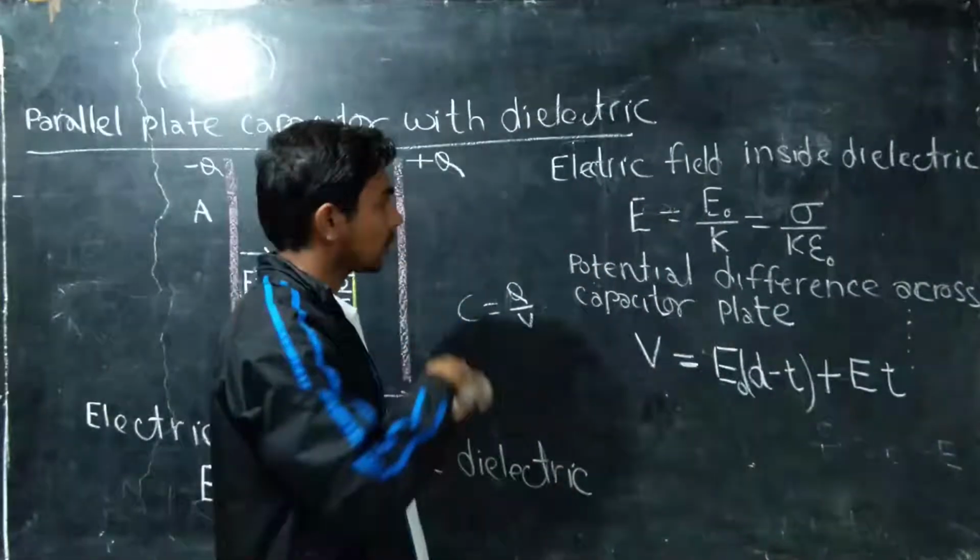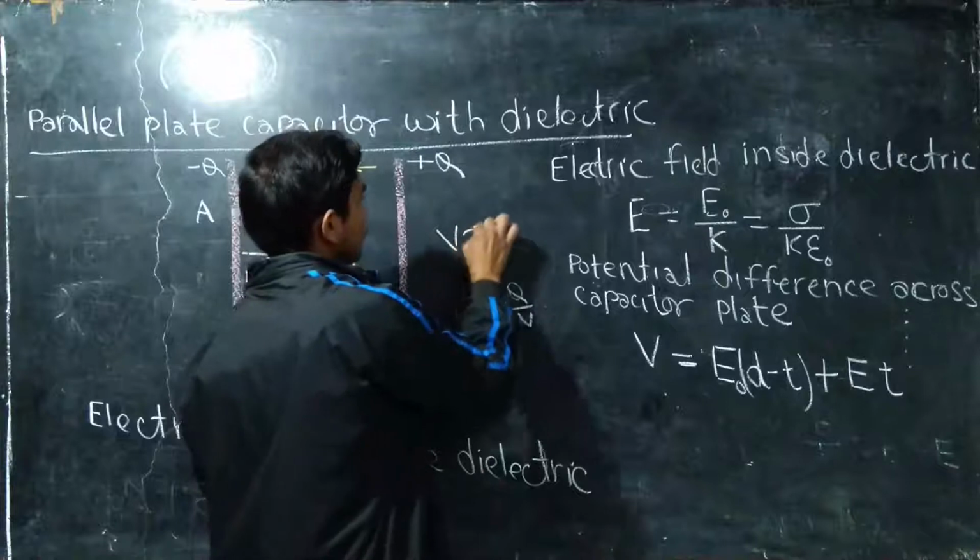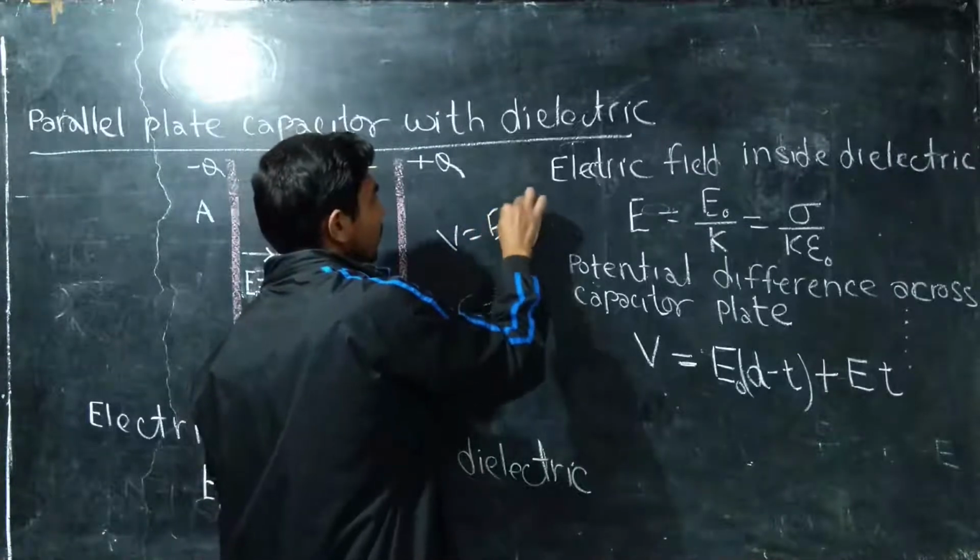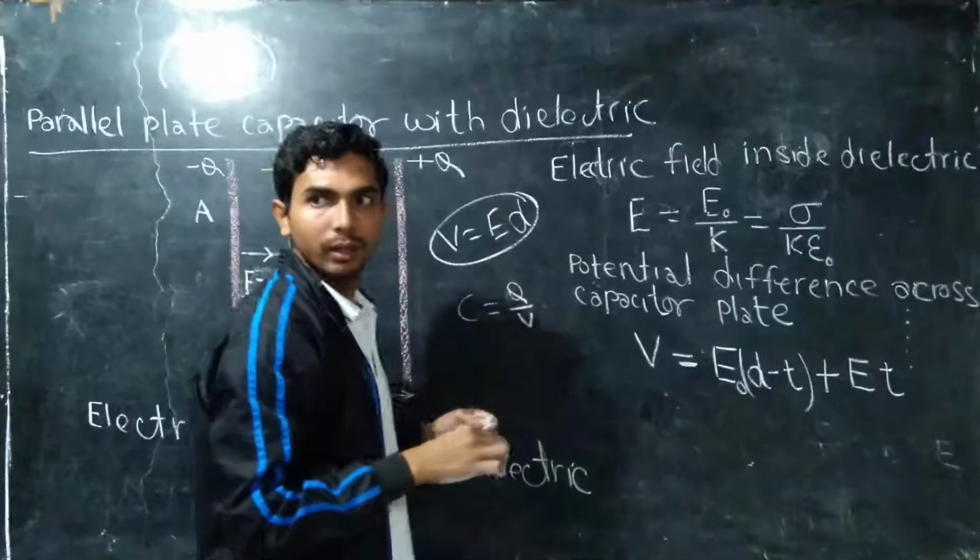How am I writing this formula? Because you know V is equal to E into D, right?